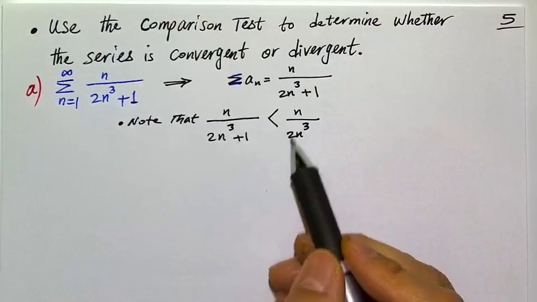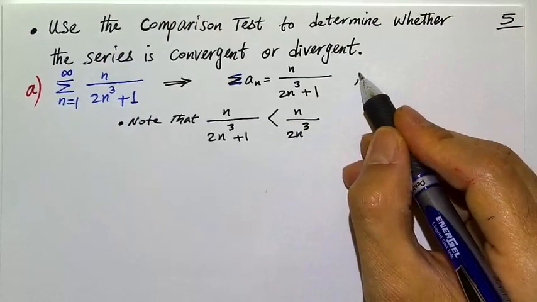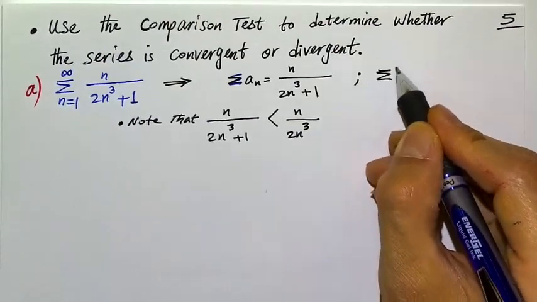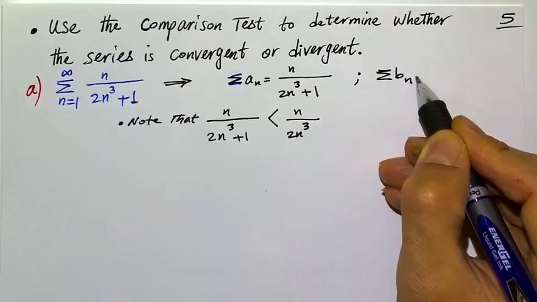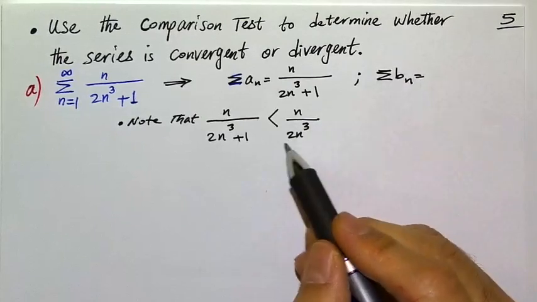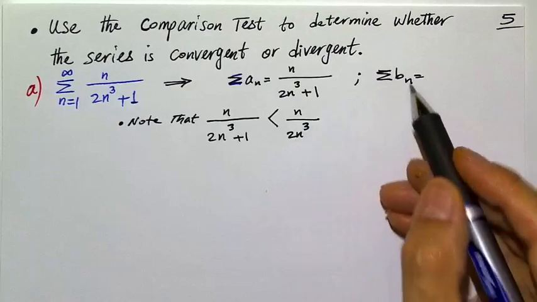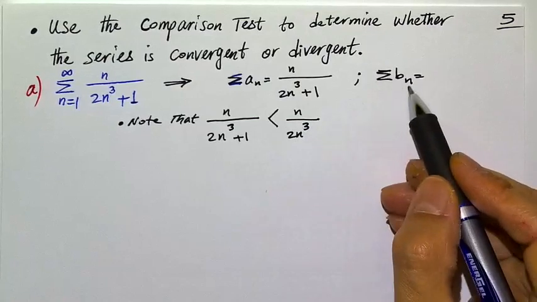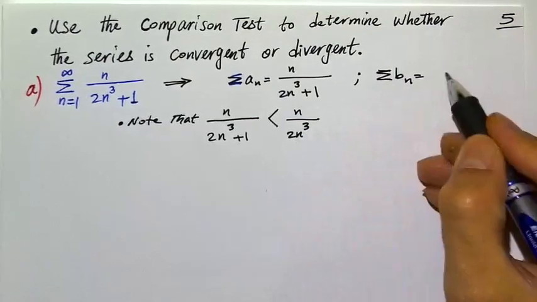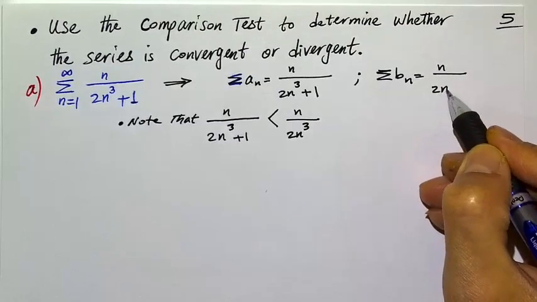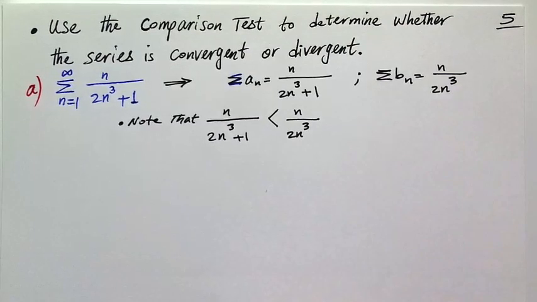This is a really convenient pick. So let me write down here that sigma bn would be equal to that. That's what I'm implying here: let's set this other series that we have to pick as equal to n over 2n cubed.